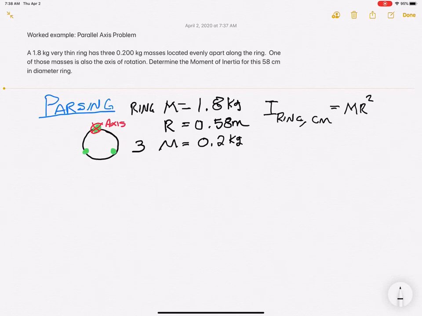All right. And that leads us to our approach, which is, let's find I for the center of mass, and then parallel axis theorem to move it to the edge.